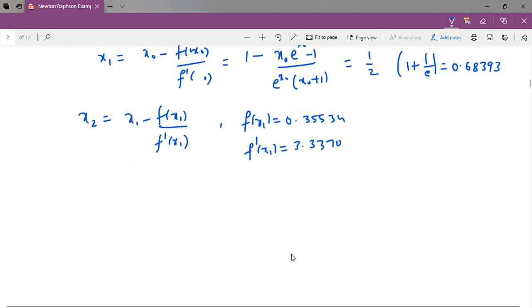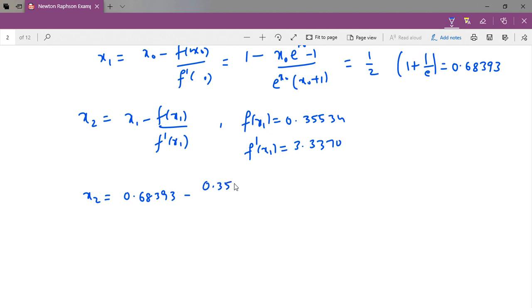So when you put these values in x2, you get x2 is equal to 0.68393 minus 0.35534 divided by 3.3370. So this gives 0.57745.